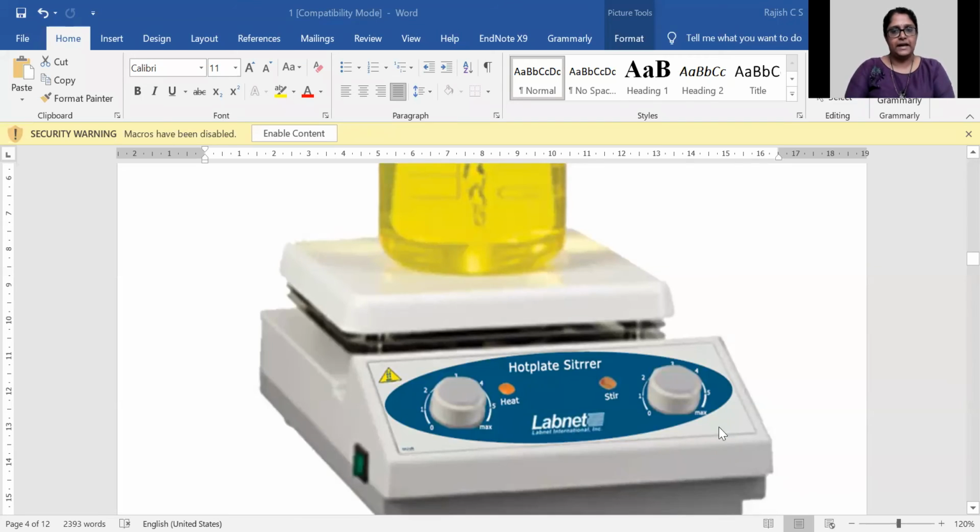So if you have a magnetic stirrer, it will be looking something like this. So you have a magnetic hot plate over here. So you can also control the temperature. Some compounds will not be soluble at room temperature, but once dissolved, it will remain like that and not precipitate. So you will have a magnetic bead inside.